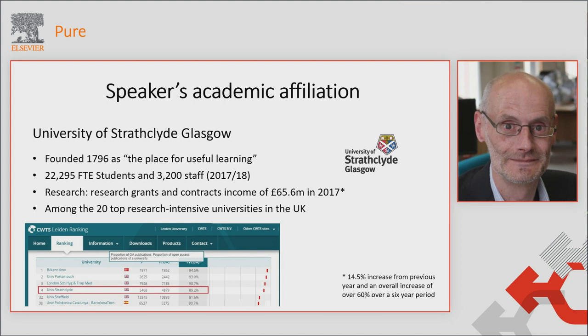Strathclyde is among the 20 top research intensive unis in the United Kingdom. And on the slide, you can see that we have managed to feature in 4th place in the CWTS open access ranking for 2020, meaning that we are 4th in the ranking for the percentage of your institutional research output that gets offered open access to the outside world.